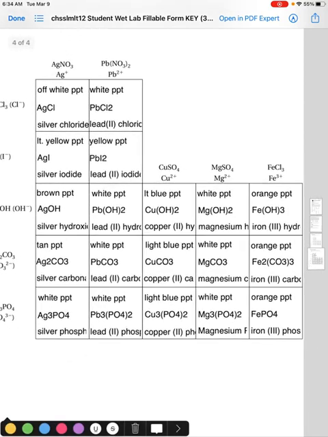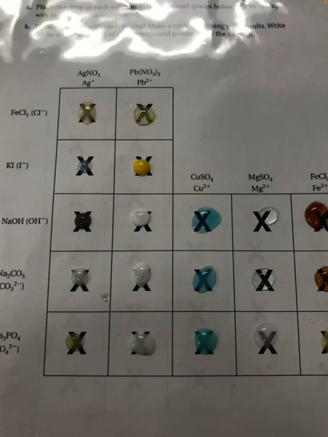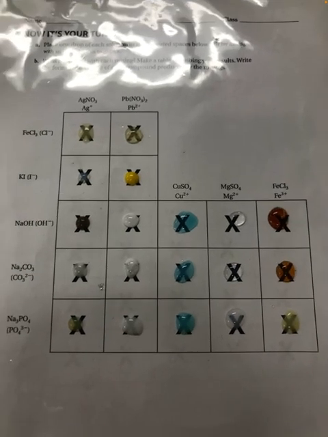But you should type in some answers that look something like this. When you hand in your lab report, there are no questions, so we've reviewed the data. Your lab results look like this, and I will close for now and leave it at that.